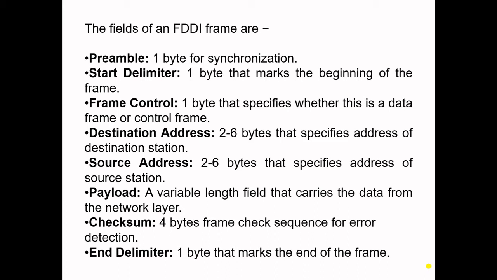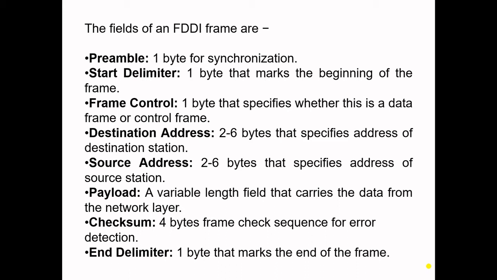Now the destination address: the storage requirement is 2 to 6 bytes that specifies the address of the destination station, destination computer or destination node.